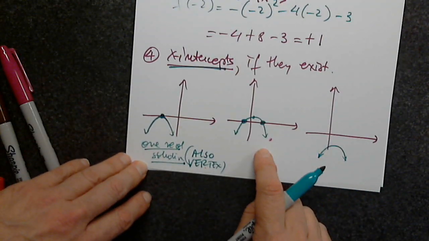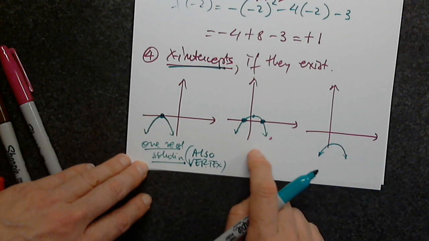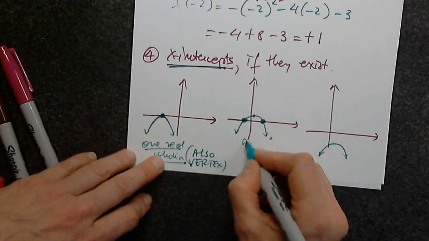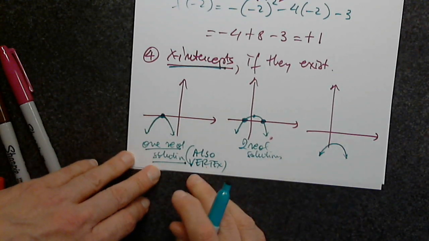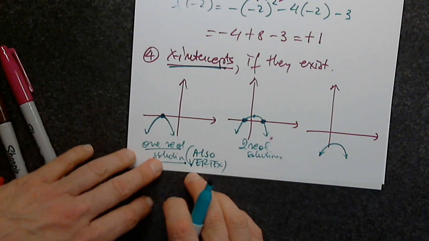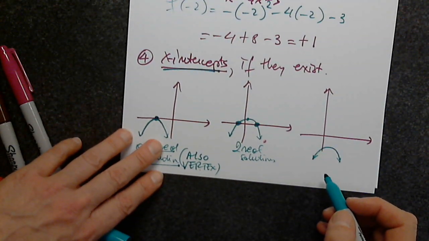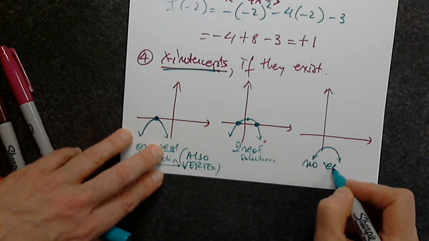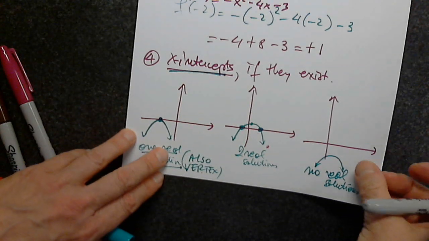In the second possible situation for a maximum, how many x-intercepts? How many solutions? 2 real solutions, or x-intercepts. What about in the last situation? How many real solutions? No real solutions. Very good.